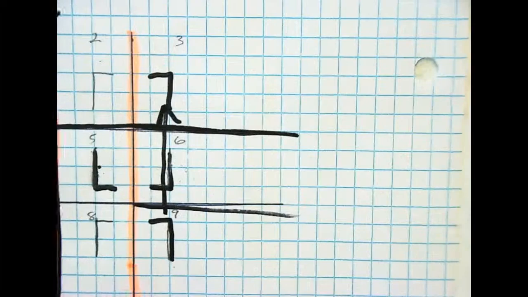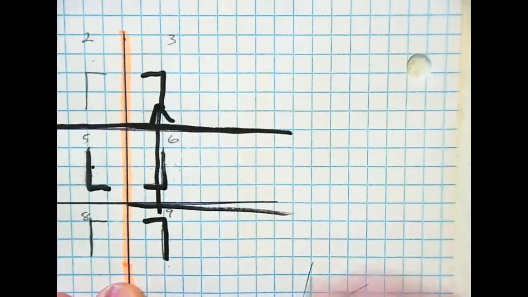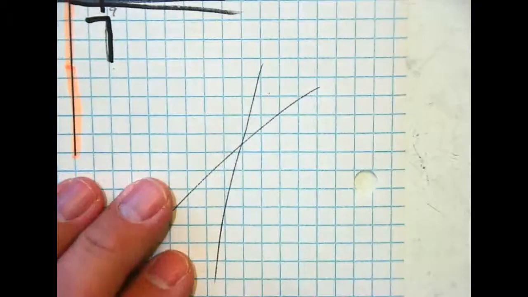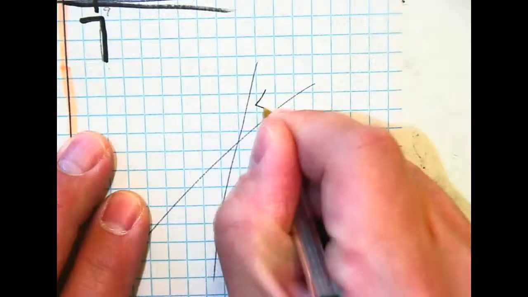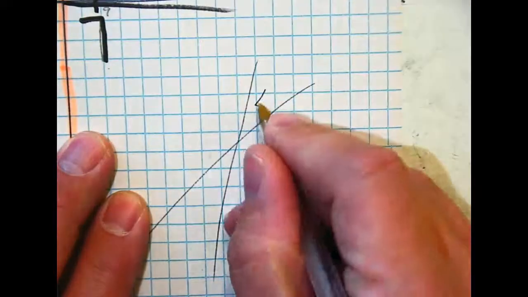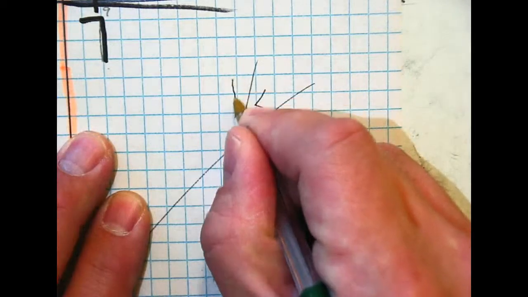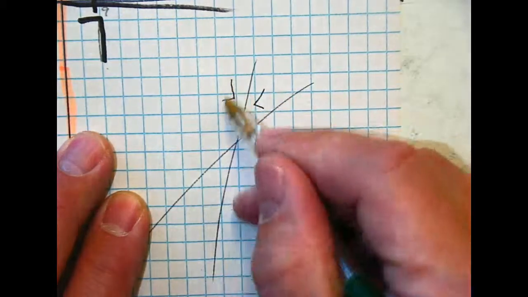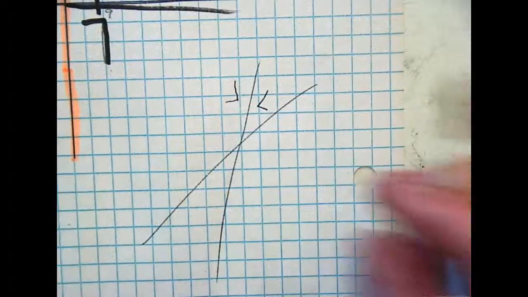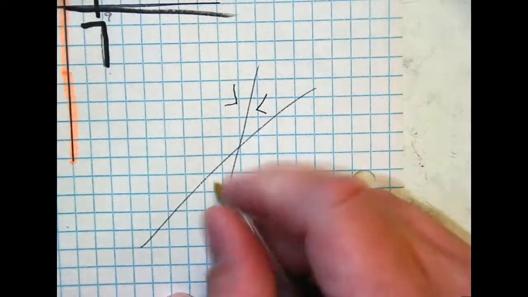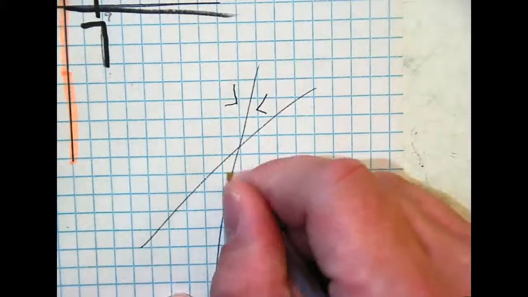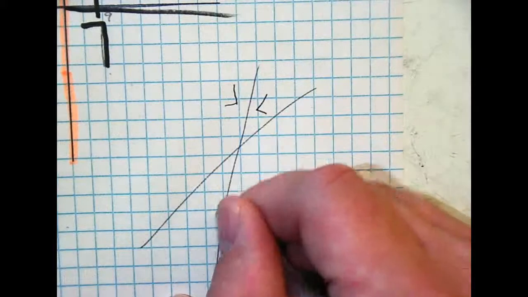So if I had these two lines, and I wanted to reflect that over to here, and then I wanted to reflect that down to here. I made that a difficult piece, but let me see if I can get that.